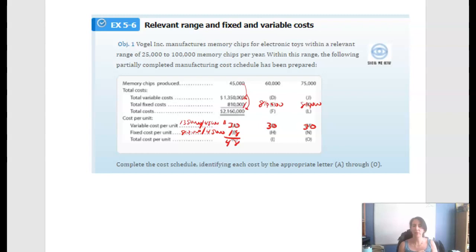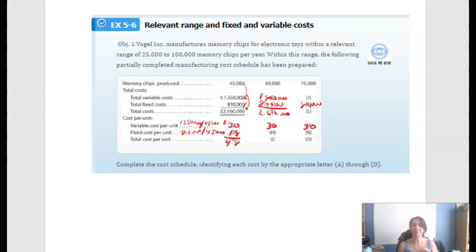$30 a piece. Well, if it's $30 a piece, and I'm making 60,000 of them, then 30 times 60,000 is 1,800,000. All right, so 1,800,000 plus the 810, my total costs would be 2,610,000. Hopefully you're having an easier time than I am writing on your notes.